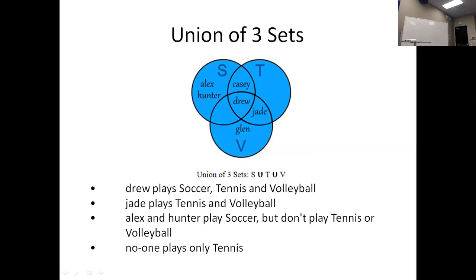Look, the intersection of T with the other two, with soccer and volleyball, minus that area of T, meaning if there was somebody there, it meant that this person only plays tennis. We don't have anybody who only plays tennis. Okay, is that clear?